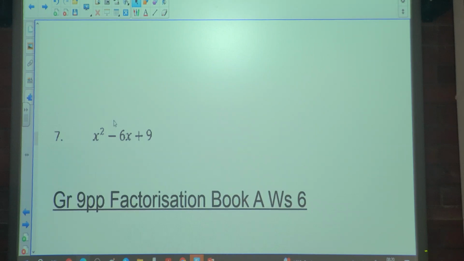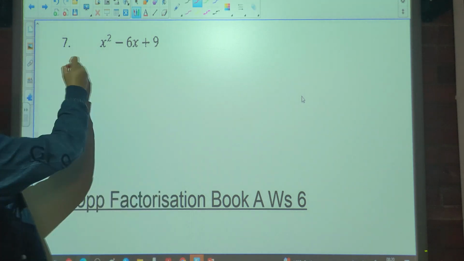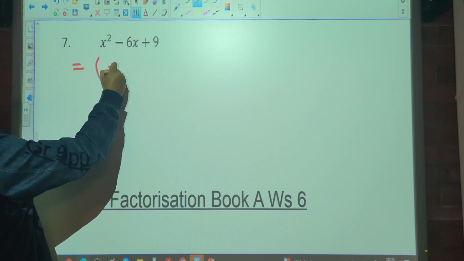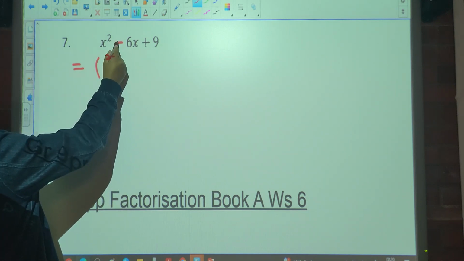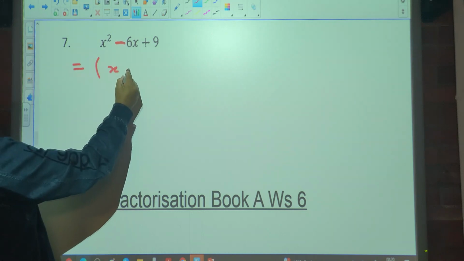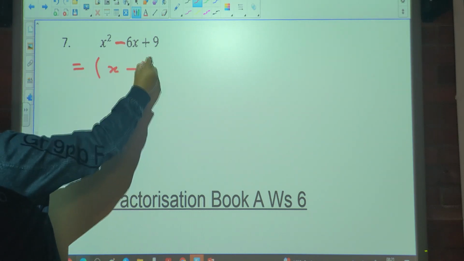Look at the next one. Are there 3 terms? Yes. Are the first term and the last term perfect squares? Yes. So what do I write? x. Okay, so remember, I've taken the sign of the middle term. So it must be minus 3.